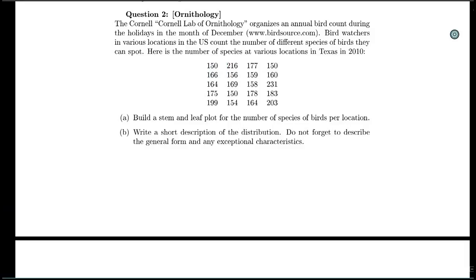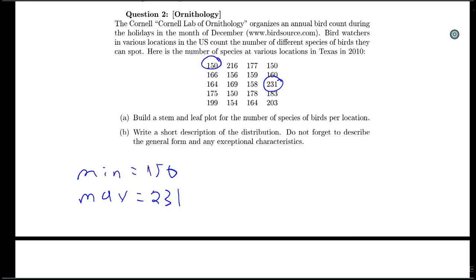Okay, and so to construct our stem and leaf plot, what we need to do is first of all identify the minimum value. Here I believe that 150 is the smallest value. And what is the max? This might be 231.